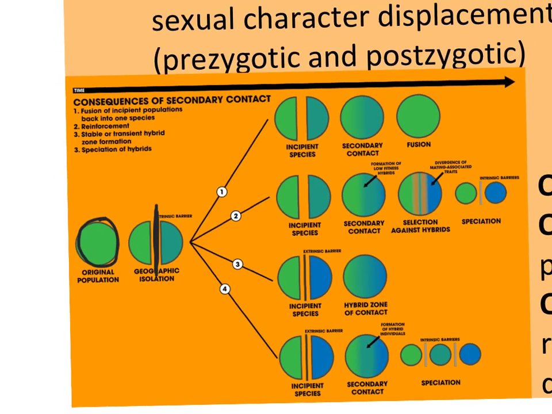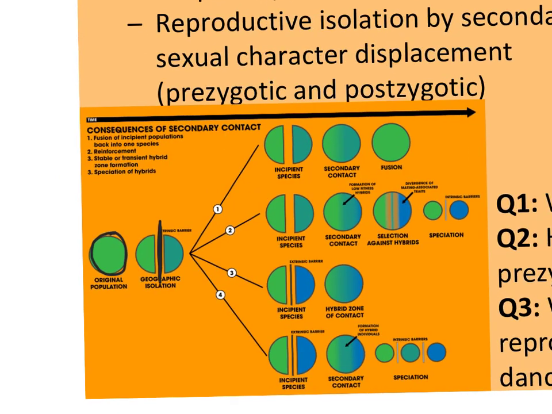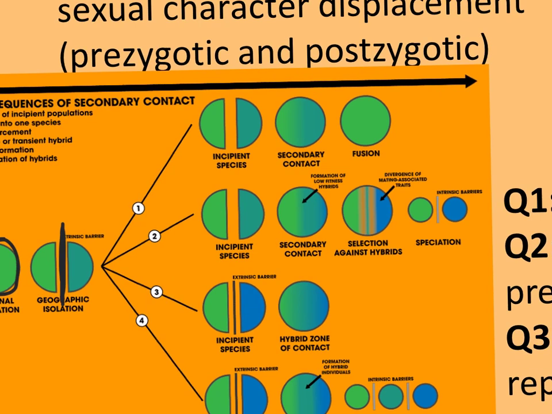So, what's likely to happen when they do come back together? Okay. Incipient species. Secondary contact. They come back together. You can see the differences in color. And what happens?